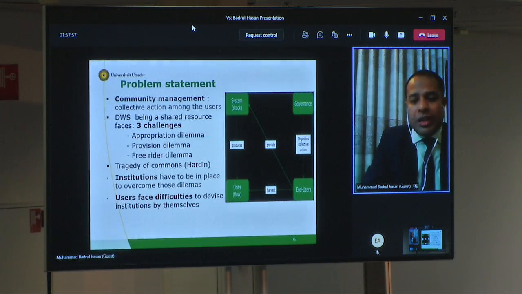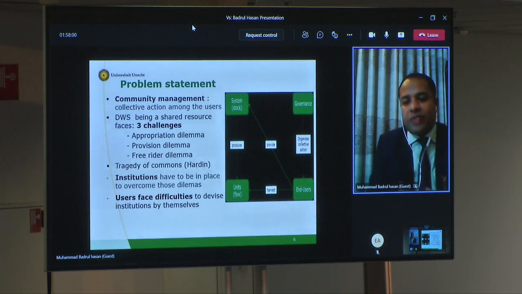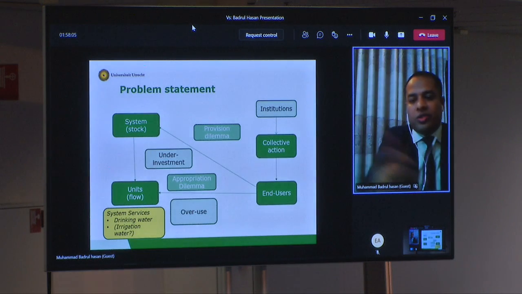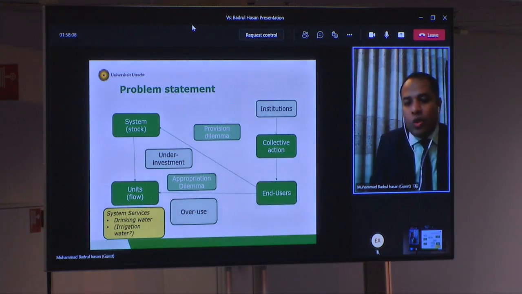However, the community frequently faces dilemmas like the appropriation dilemma and provision dilemma. Where there is no institution, users underinvest in the systems and over-appropriate, meaning overuse, the units of the shared drinking water systems. That results in the destruction of resources, which Garrett Hardin considered the tragedy of the commons.